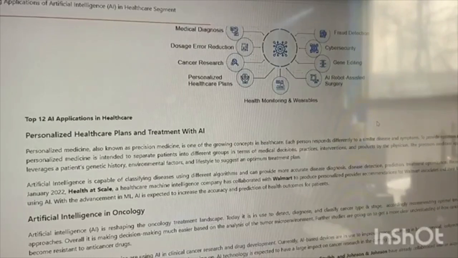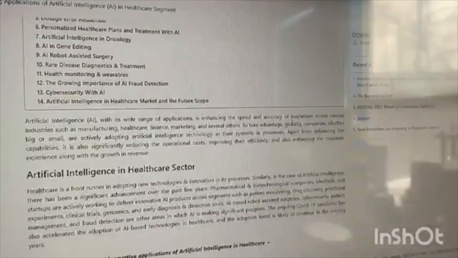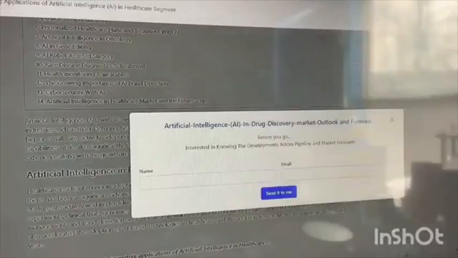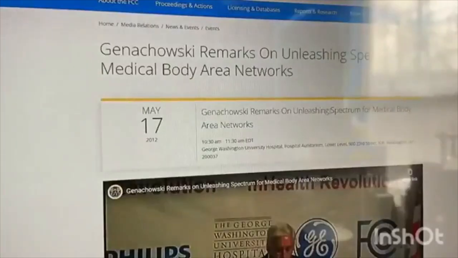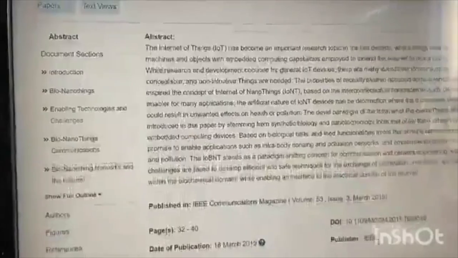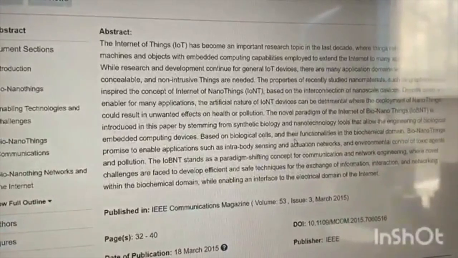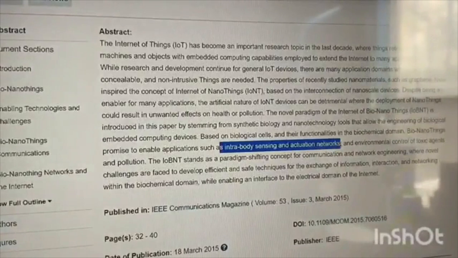So I will leave this here for folks to peruse as well, because I think a lot of people are way behind in what's been done here. And none of this is maybe, because this is information communication technology. And the Internet of Bio-Nano Things is just one of the ways that they're watching at the nanoscale for your different intra-body sensing and actuating for your mHealth and your eHealth and your telehealth.